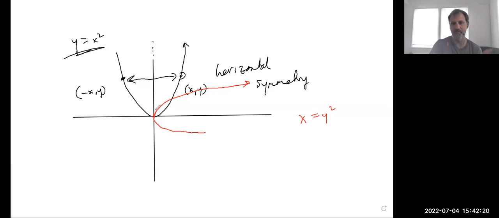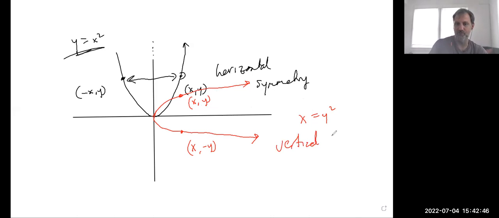The parabola looks like this, and in this situation we have the same x value, but we get that negative y value. So this is, again, not a function because of that violation of the functionality principle, where one input is supposed to give me one output.